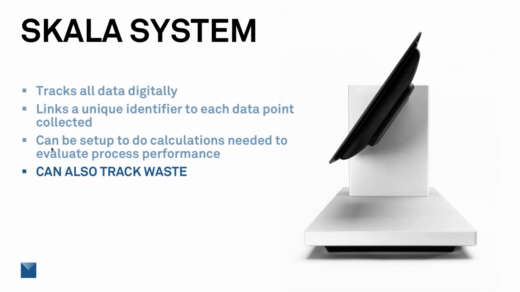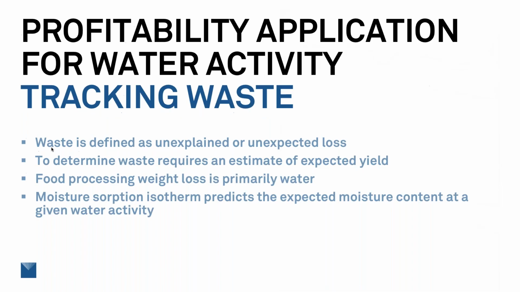So the SKALA system makes it possible to have all of the calculations done that are needed to assess the effectiveness of the production process. It tracks all of that, keeps it straight, makes the calculations behind the scenes, and gives you an assessment of how good your production system is.